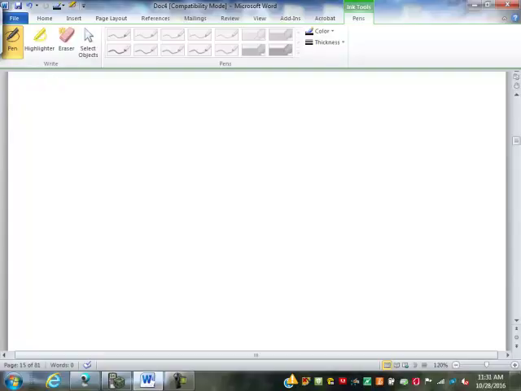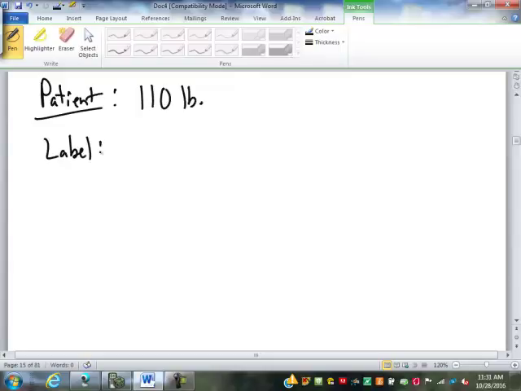Okay, so let's say that we have a patient who comes in at 110 pounds. We have a label that is saying we should give 12 micrograms per kilogram per hour.